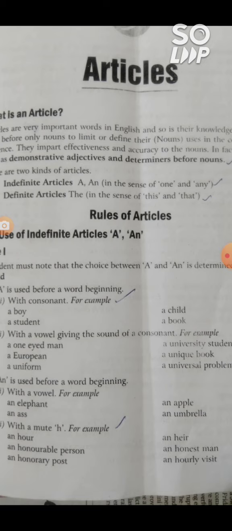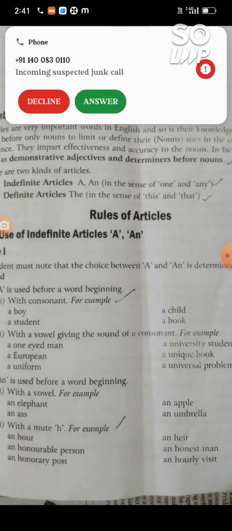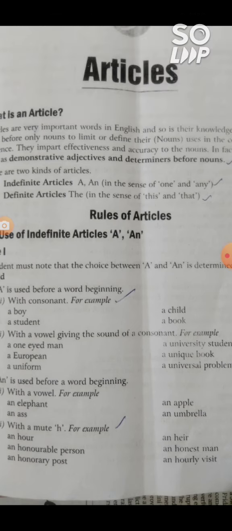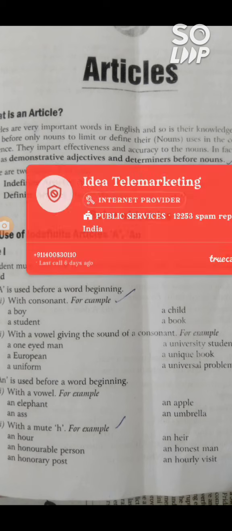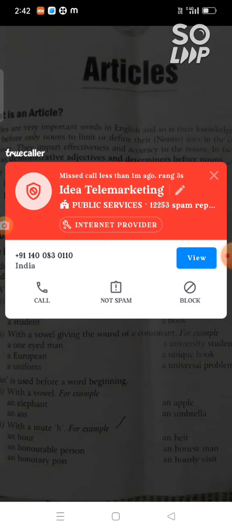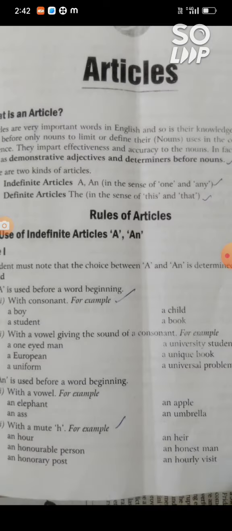Actually, H is a consonant letter, but in this particular case it is a silent letter. Understand? So we give the vowel-sound pronunciation, and that's why we use the article an. Is it clear?